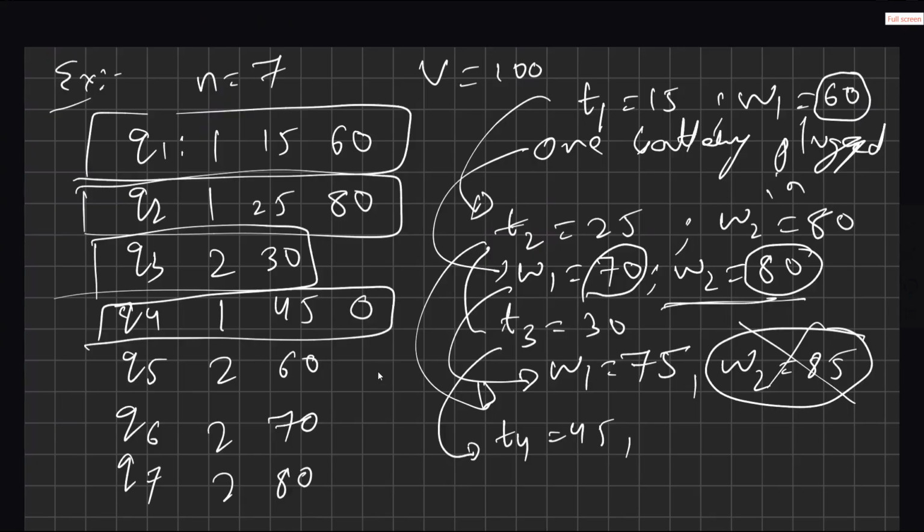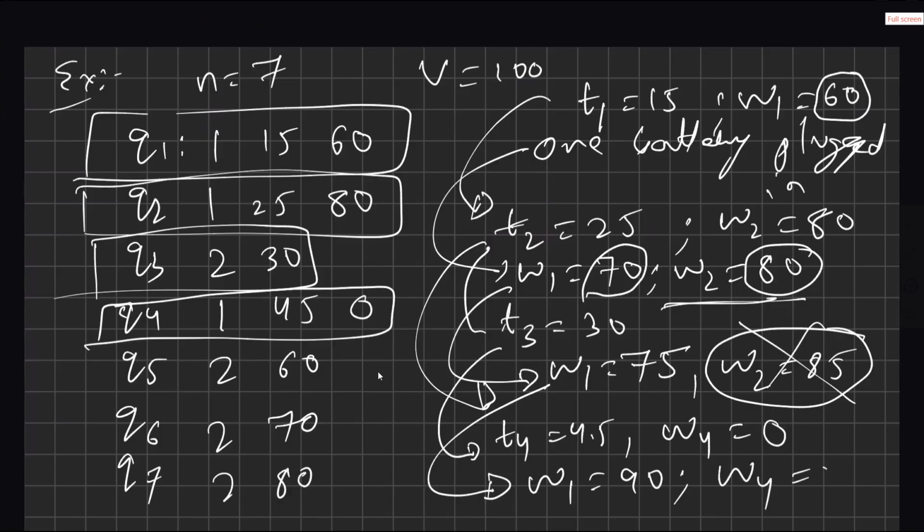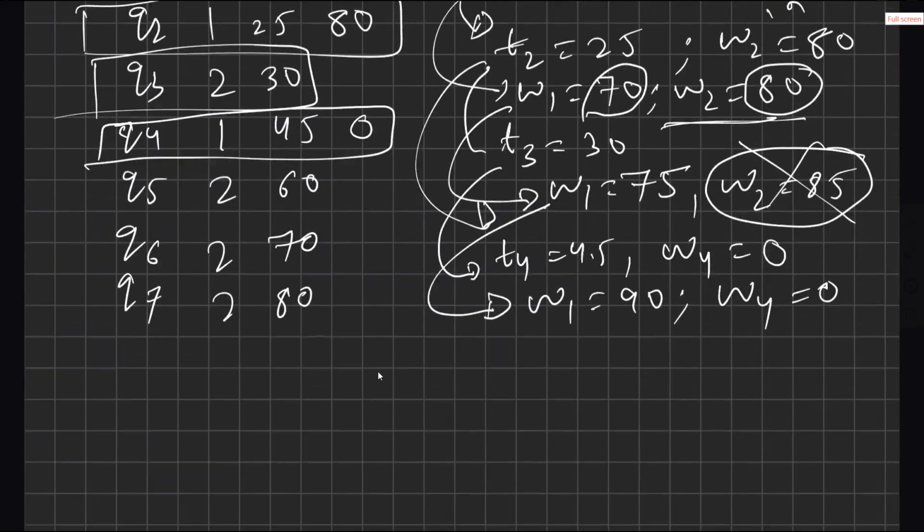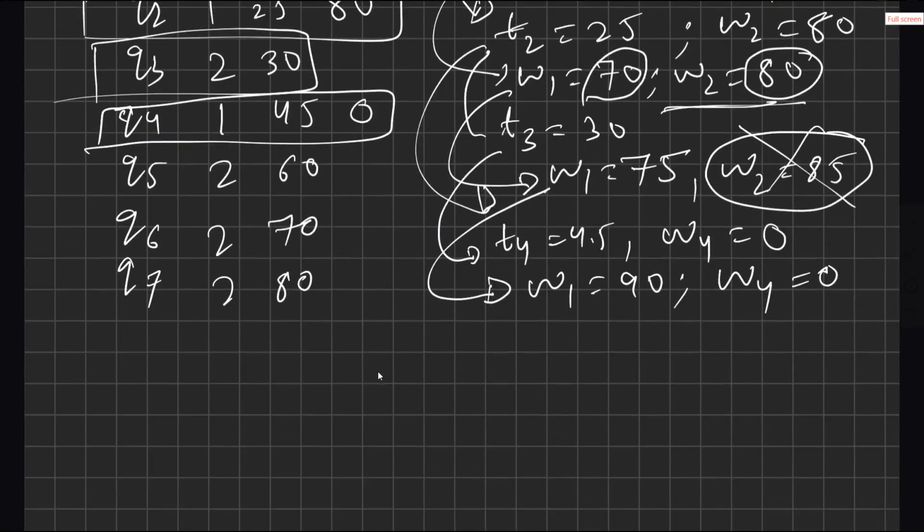You are inserting one more battery whose charge is 0 initially, and the older battery you had, whose voltage was 75, has to be increased by 15 since the difference is 15, which is 90. And this battery, since it is inserted right now with a charge of 0, will be 0 only.